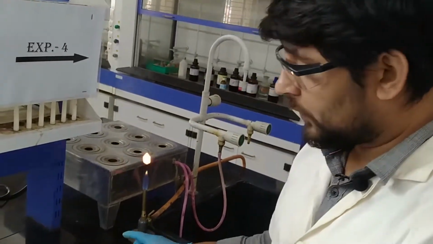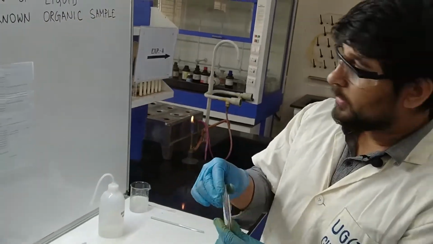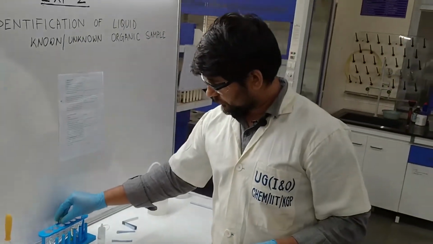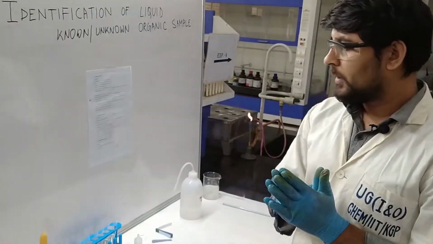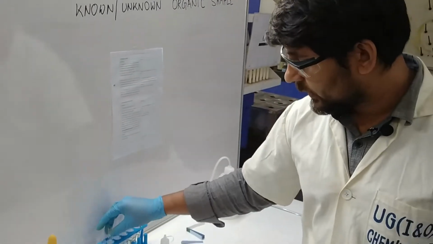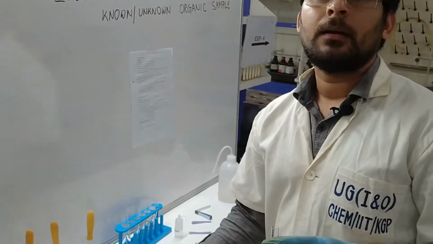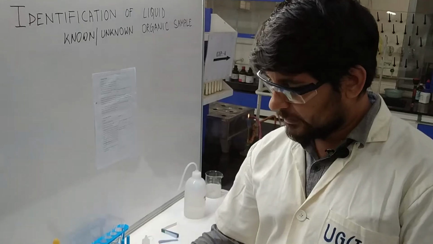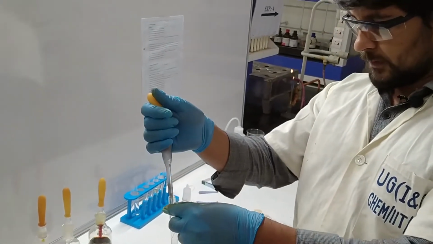So now our oxidized solution is prepared. With this oxidized solution we have to perform the Tollens test. For that we have to prepare a Tollens reagent. So I am going to prepare a Tollens reagent. For that we have to take 1 ml silver nitrate.